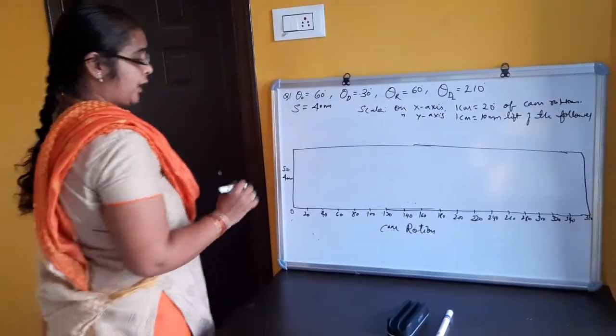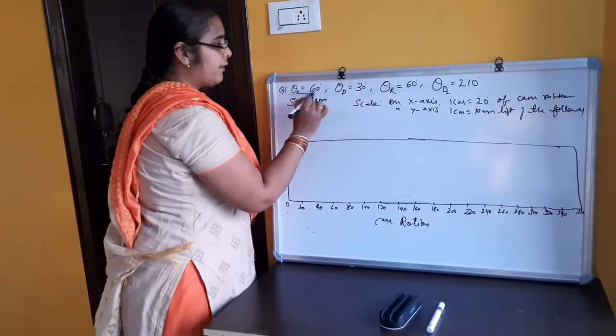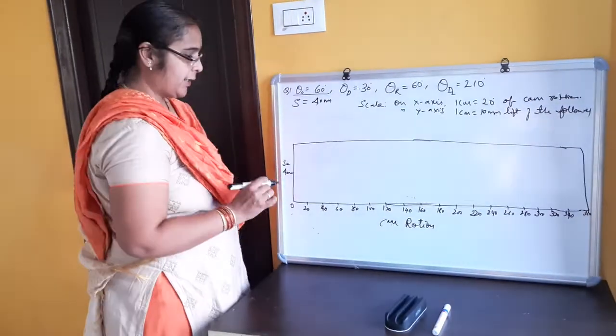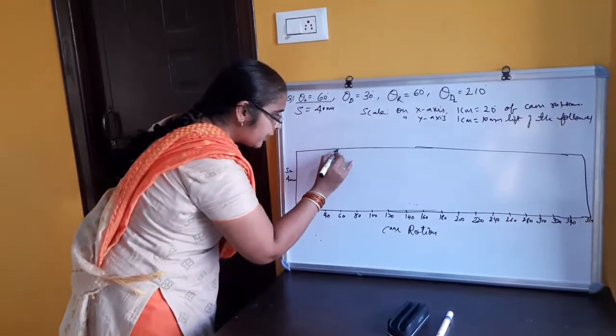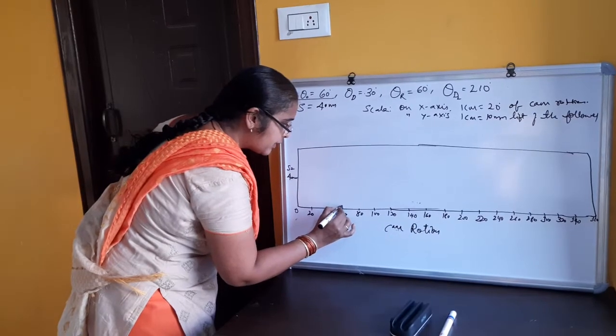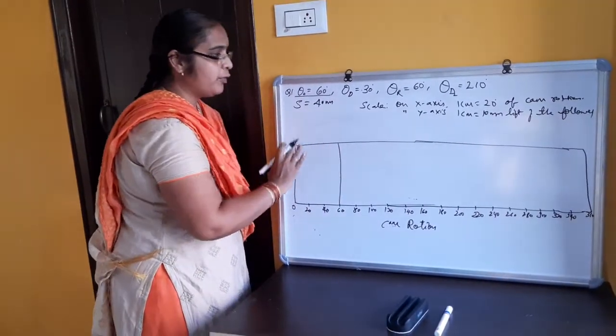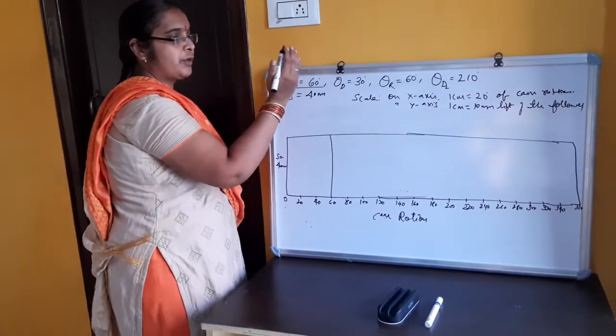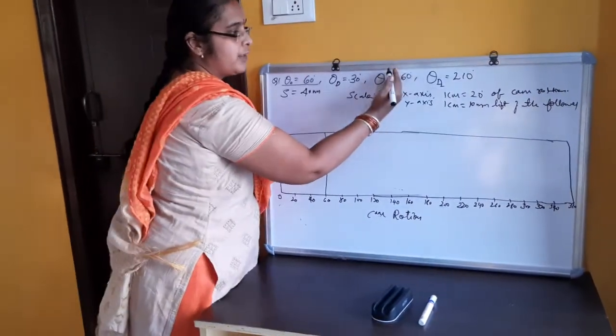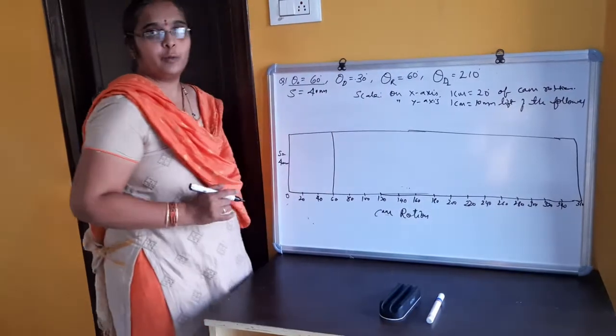Now the given angle for outstroke is 60 degree. So for 60 degree, make a line, that is, I am going to divide the entire displacement diagram into 4 regions: outstroke region, dwell region, return stroke region, and again dwell region.